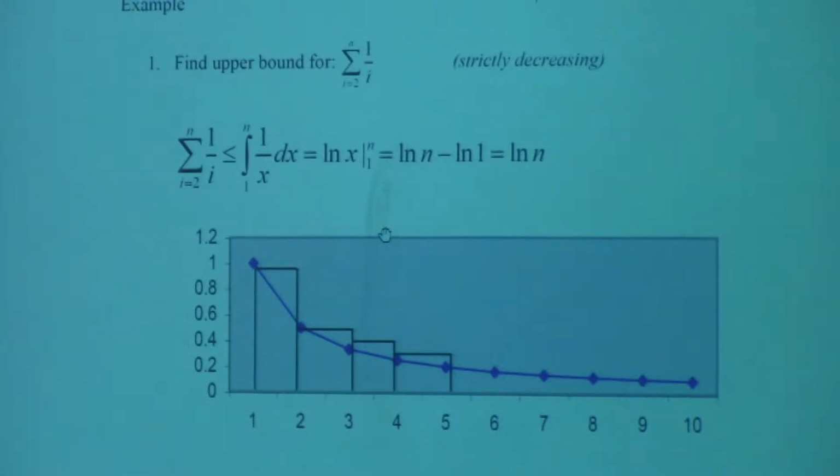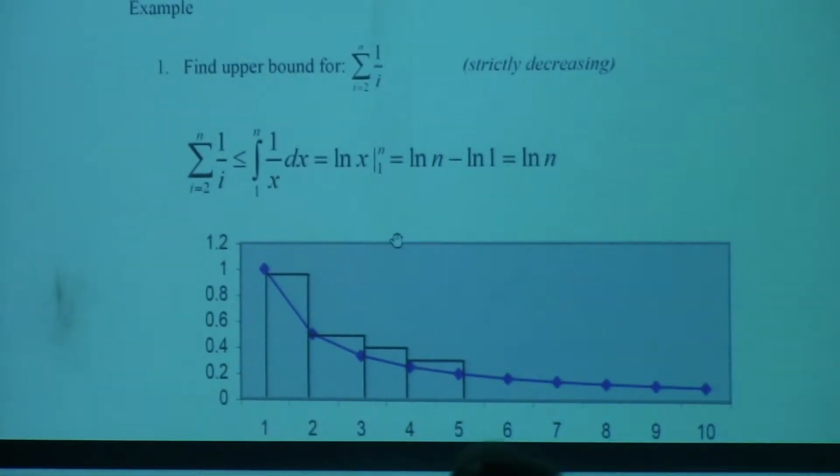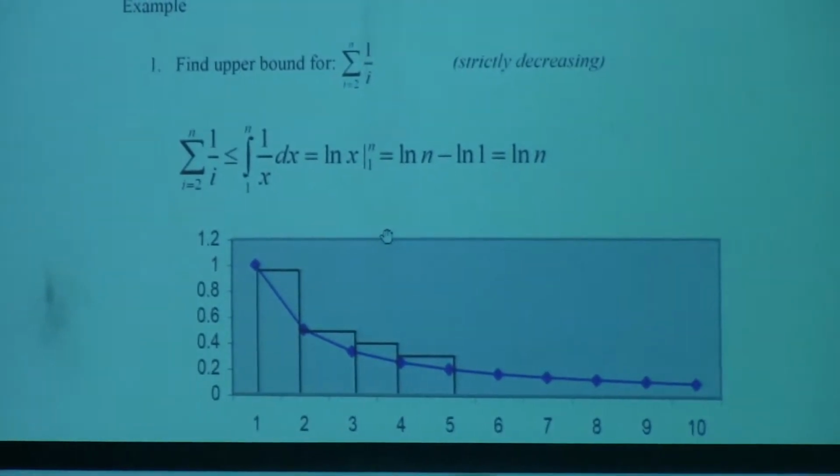So this is a very remarkably cool result, because we have a summation that we can't solve, but we know that the summation is bounded by ln n. So that means, for example, let's say I wanted you to take some values.